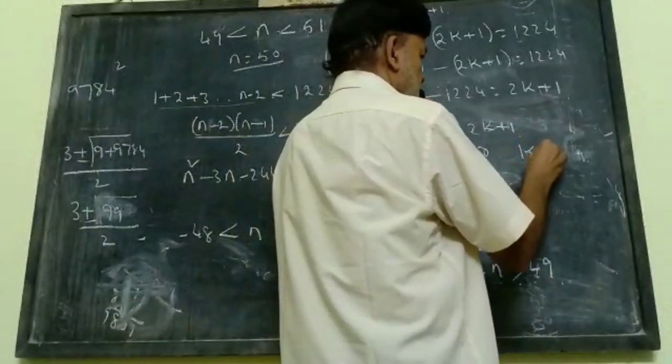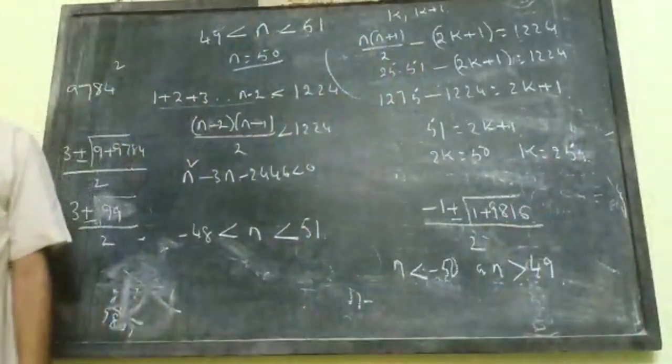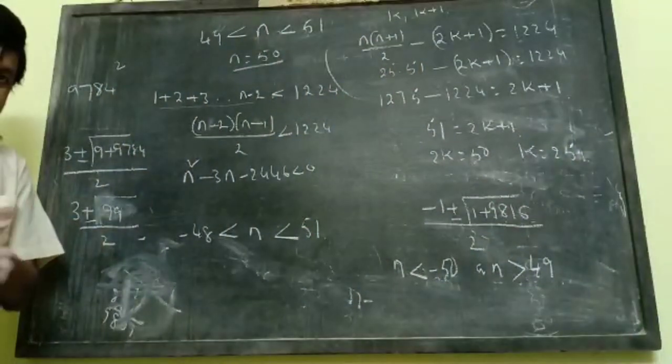So k is equal to 25. Right? This is how you have to think.